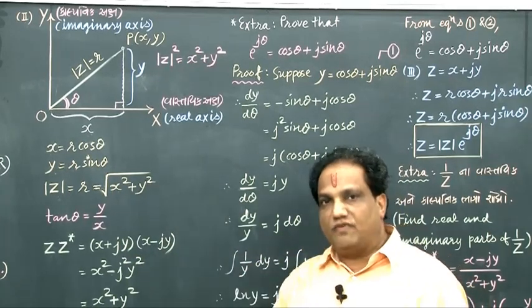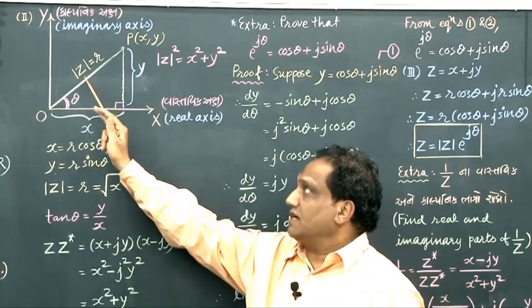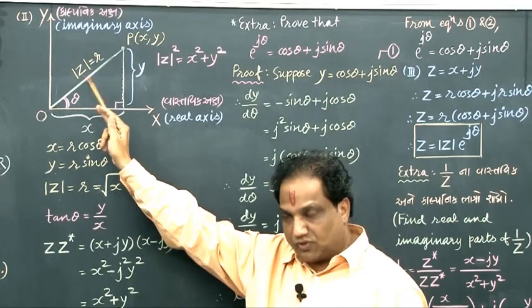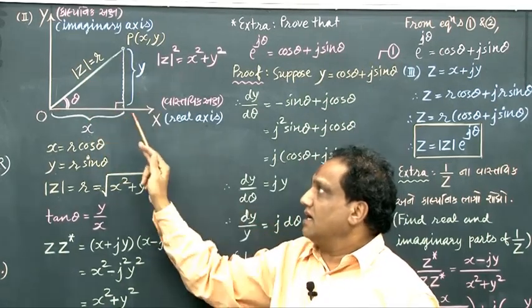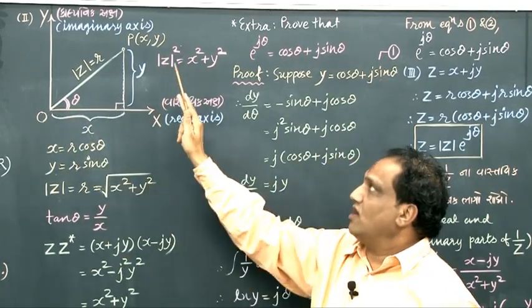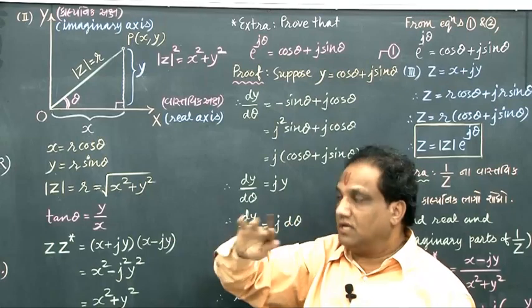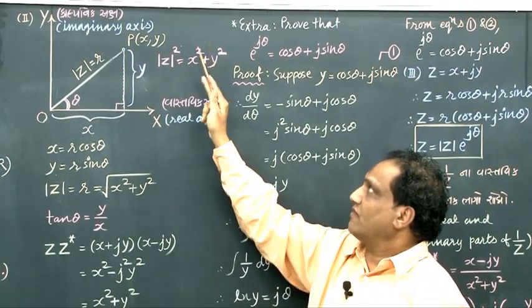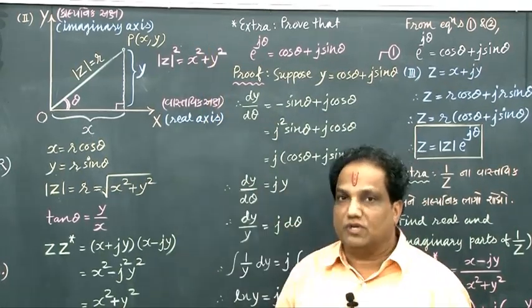Okay. Suppose we want the modulus of z, mod of z. Then in this right angle triangle, this is nothing but the hypotenuse, and the square of the hypotenuse according to Pythagoras theorem will be equal to the summation of squares of the remaining two perpendicular sides.